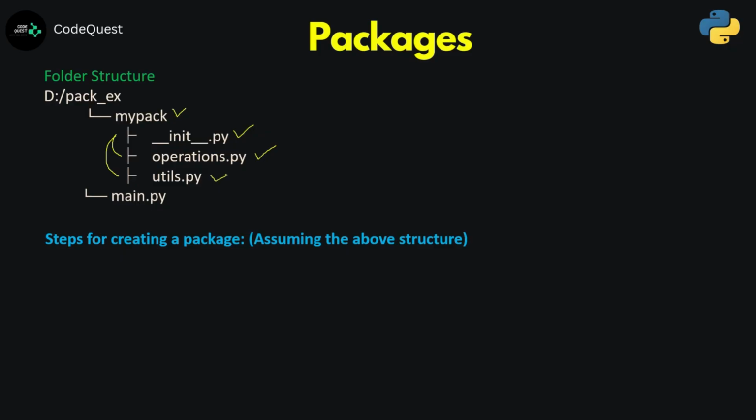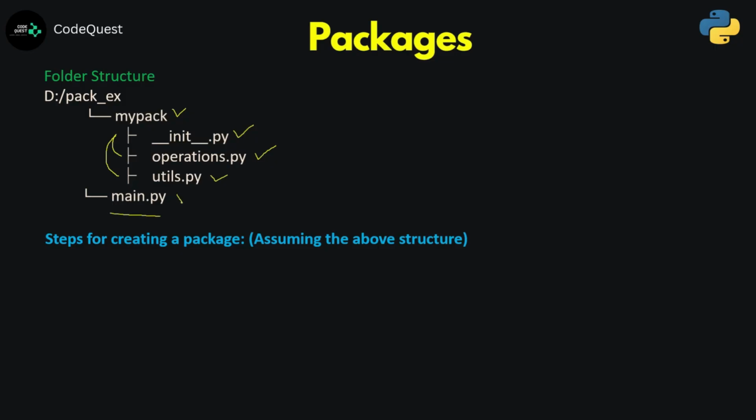So here we have created two modules, let's say operations and utils, which will be carrying certain functions or variables. Now, once the package is ready with a certain set of modules inside it, the next thing is utilizing those modules or the members of those modules in a file or in another module.